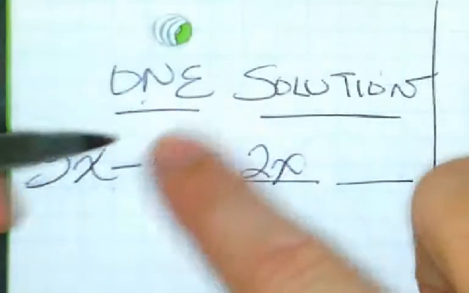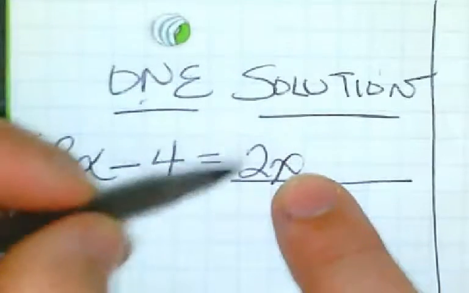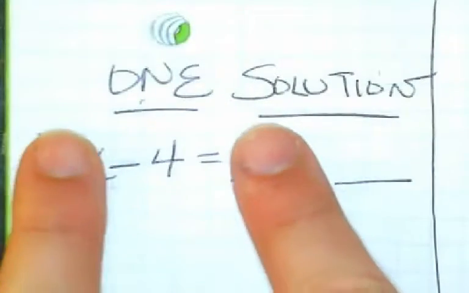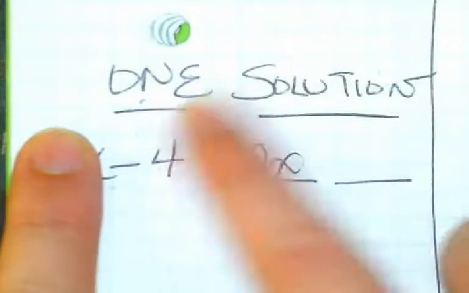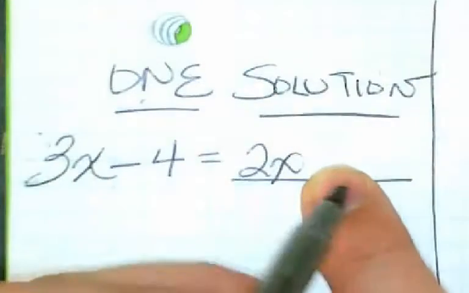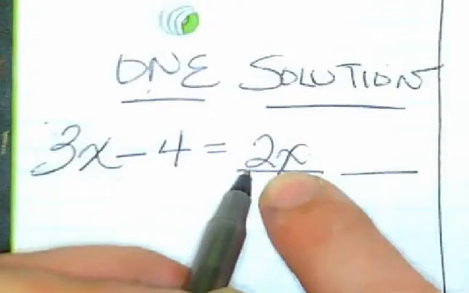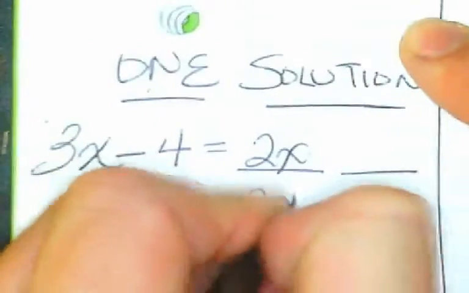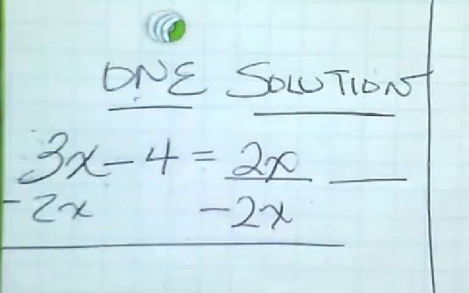So, if this is 3x and this is 3x, on the equation, they balance out and they go away, right? I don't want that. I want one solution. So, ahorita, ¿qué es el contrario al positivo 2x? Sí, negativo 2x aquí y negativo 2x aquí.